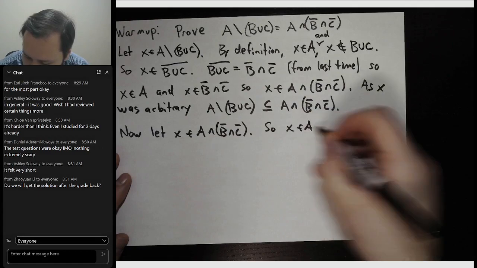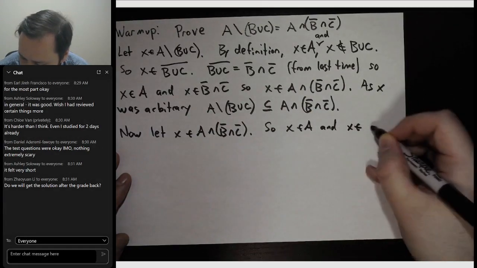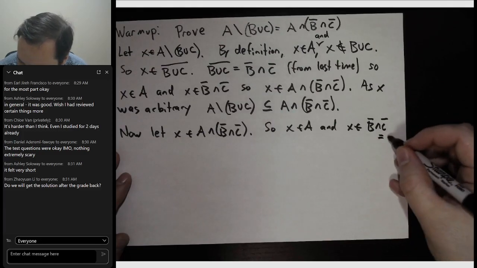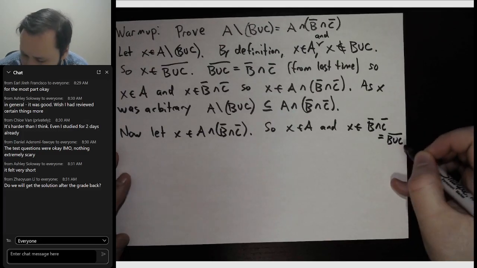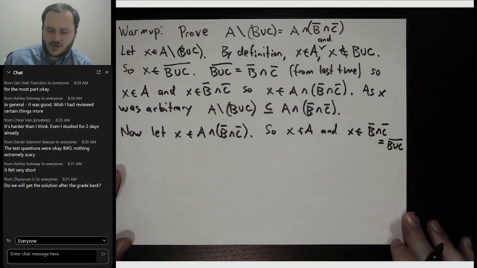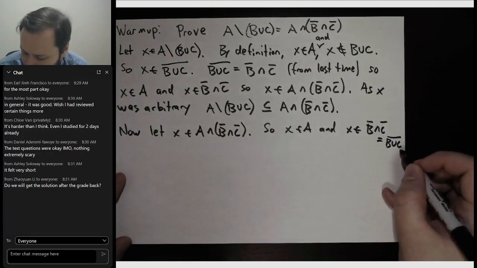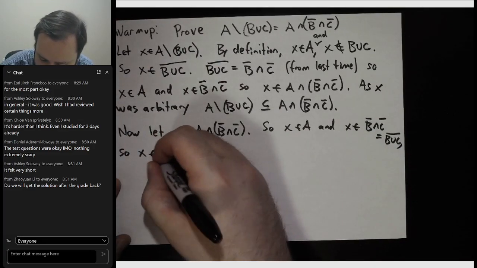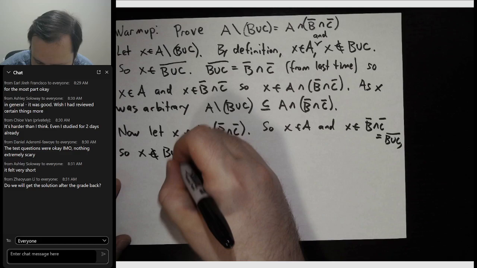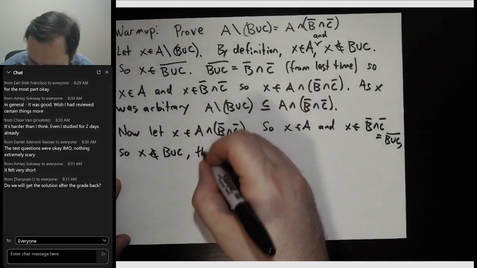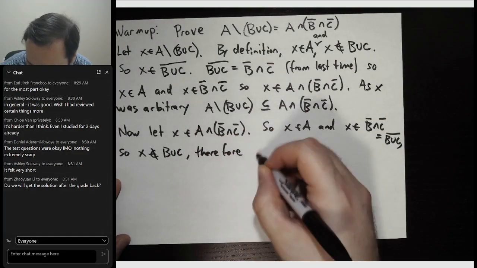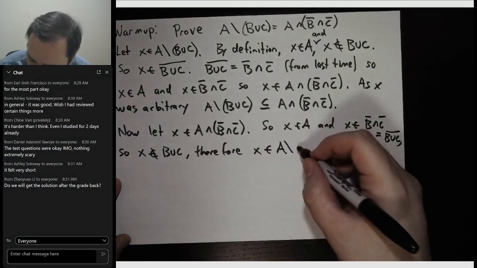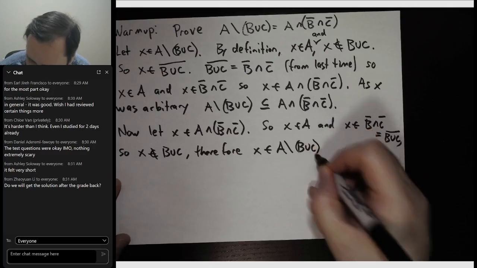So x is an element of A and x is an element of B complement intersect C complement, which is equal to B union C all complement, again by De Morgan's laws for sets. So x is not an element of B union C, therefore x is an element of A relative complement B union C.